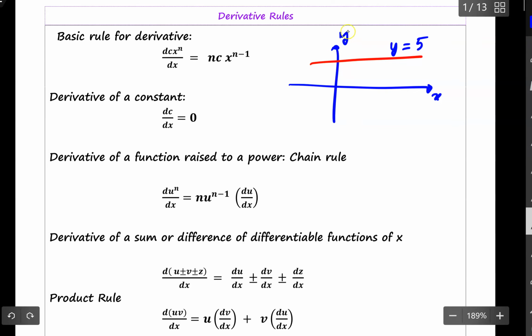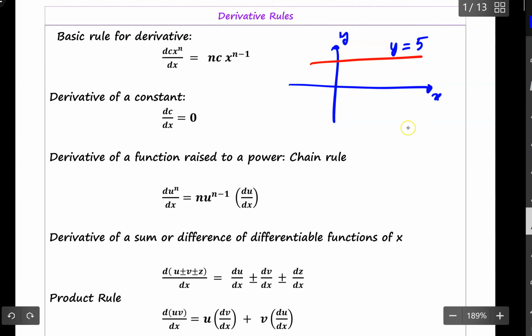Given this straight line right here, if you have to give me the slope for this, you can tell me that the slope is equal to 0, right? So the slope is equal to 0 in this case. If you have a line perpendicular to the x-axis, in that case you have no slope. So this horizontal line here, you can say that the slope is equal to 0.